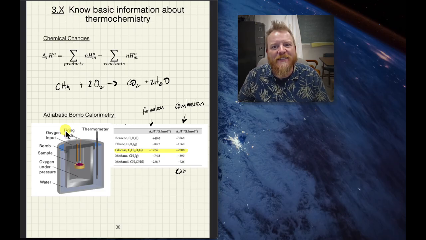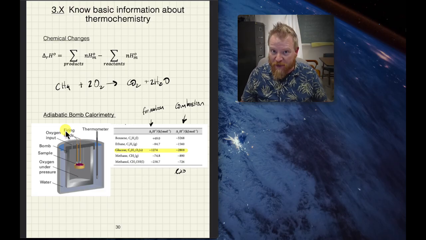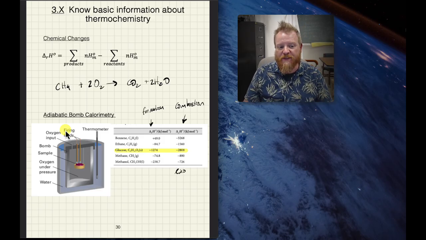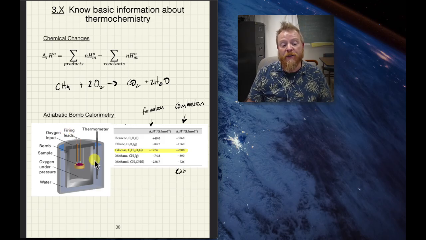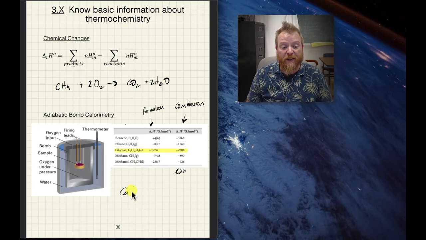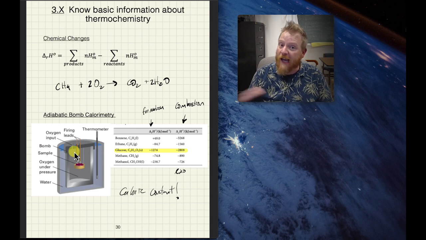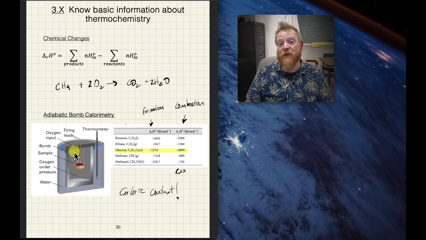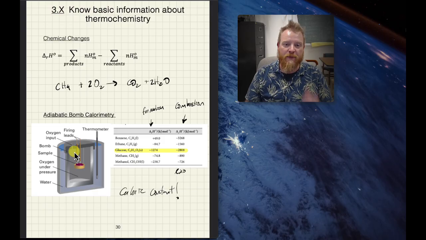Obviously, it's very different within the path of that, but from the initial state to the final state, those are one and the same. So the bomb calorimeter is often how we determine caloric content. You can put foodstuff in here and determine how many calories were in that. And we'll get to do that experiment in PChem lab. It's going to be awesome.